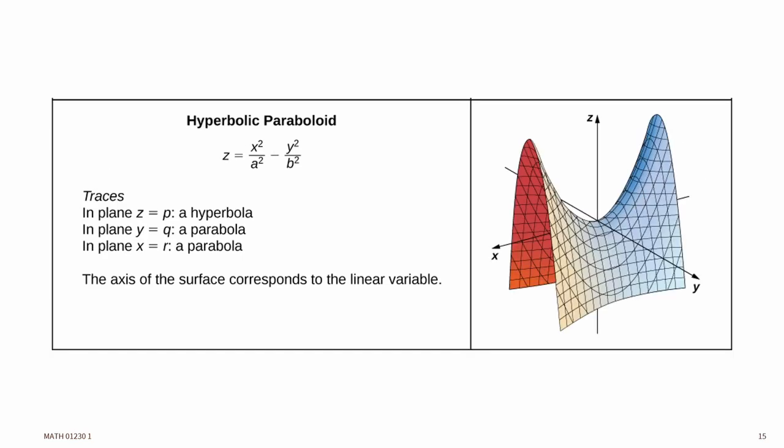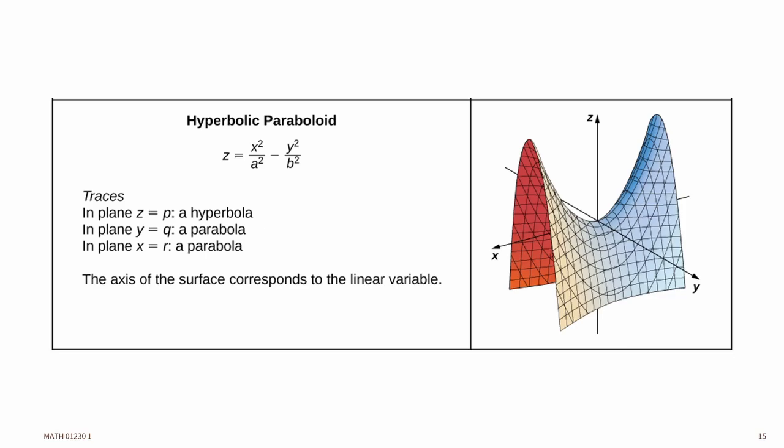And finally, we have the hyperbolic paraboloid: z equals x squared over a squared minus y squared over b squared. Axis is the single power variable.